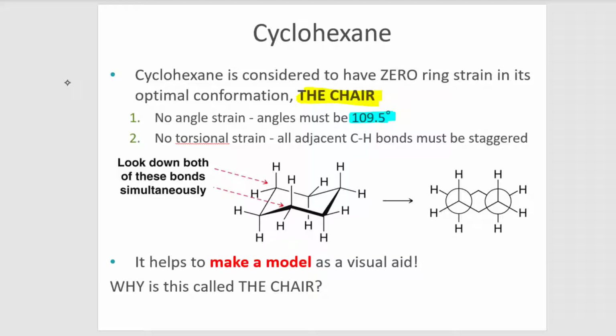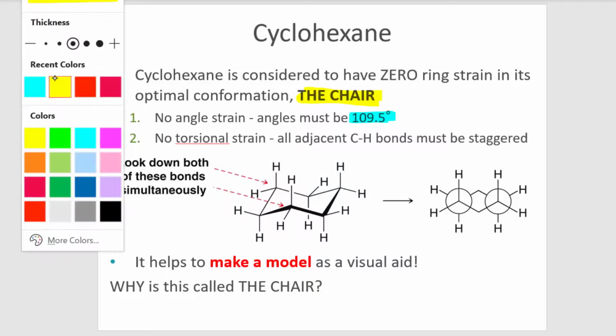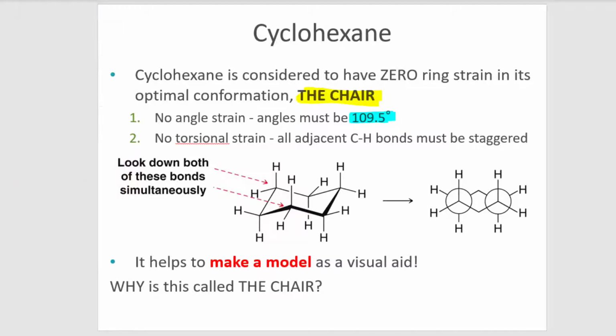Okay, now let's see about torsional strain. Let's use our Newman projections. What if I took my eyes and looked down the carbon here and at the same time looked down the carbon here to the back of those carbons?